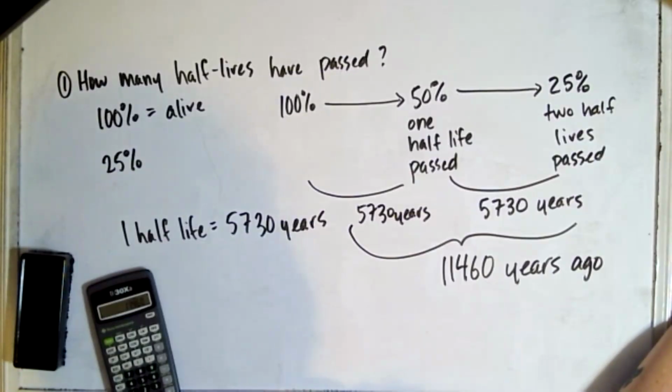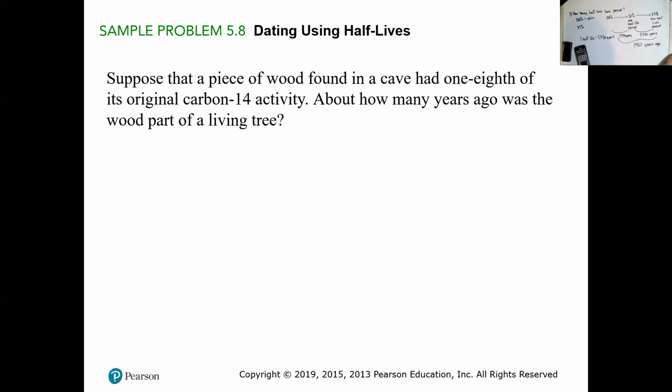Let's look at one more question that's a little similar to that. This question's giving us the half-life value in terms of fractions instead of percents, but it works the same way. They're telling us that we have a piece of wood that's found in a cave that has 1/8 of its original carbon-14 activity. How many years ago was the wood a part of a living tree?